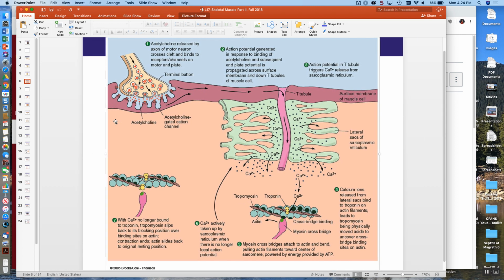You can look at this slide, your textbook, or your muscle worksheet that has the answers on it.